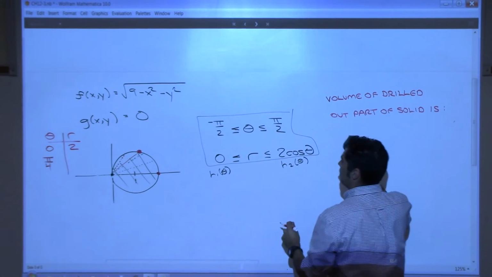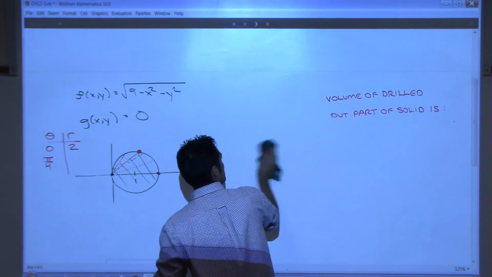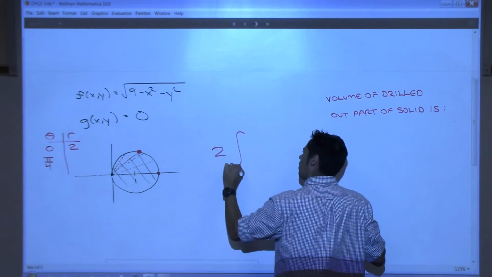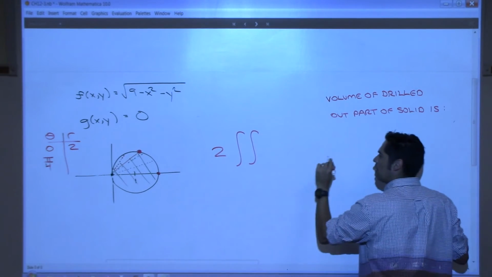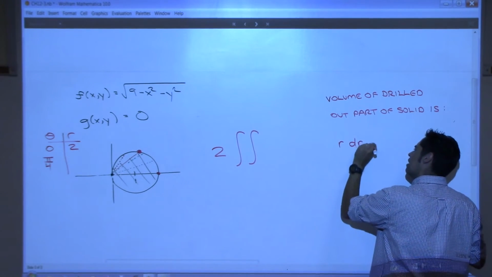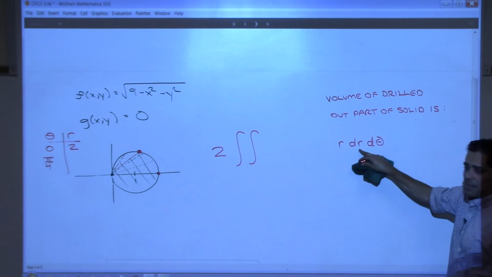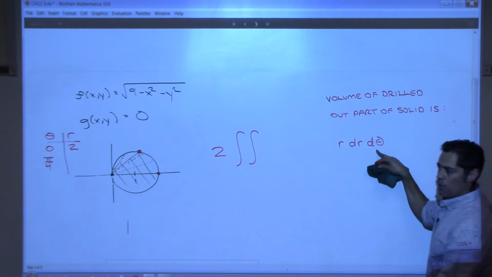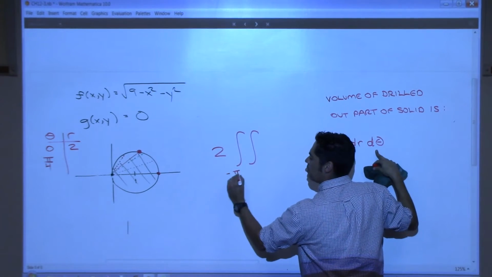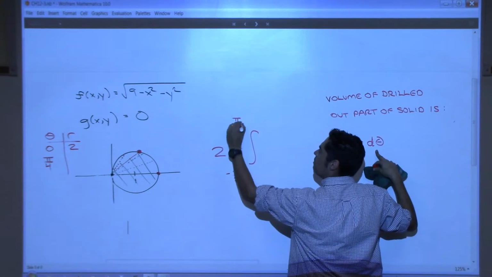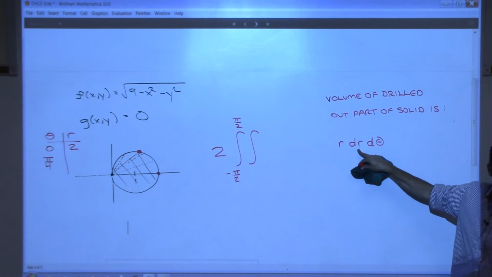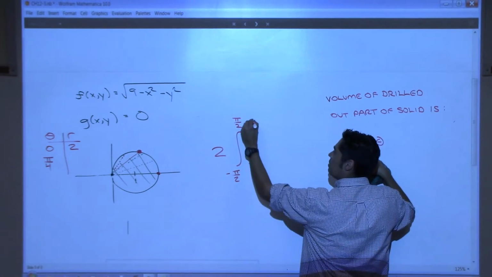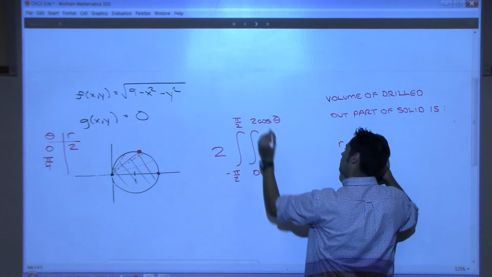2 times the double integral, I'm going to polar, r dr d theta. That has to be this order because theta is between two constants. They were negative pi over 2 and pi over 2. My radius was stuck between 0 and 2 cosine theta.